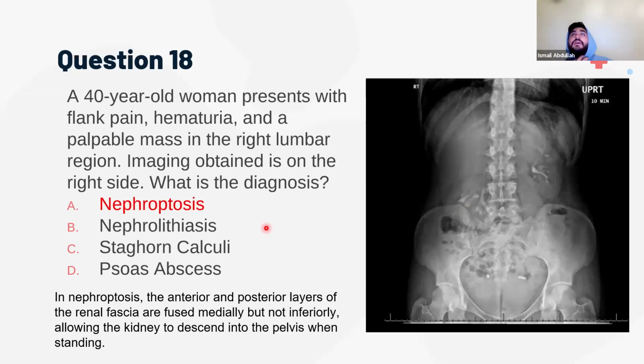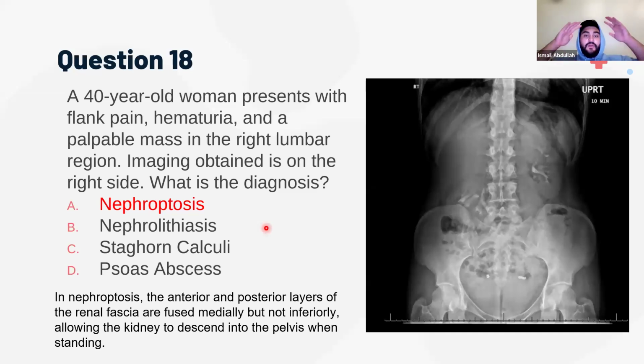Nephroptosis is a condition that usually happens when the perirenal fat is depleted, usually after rapid weight loss. It's more common in women, by the way. The perirenal fat is going to be depleted, and that is going to cause the kidney to drop, and it's going to be stuck, of course, in the pelvis. Now, why does it drop?